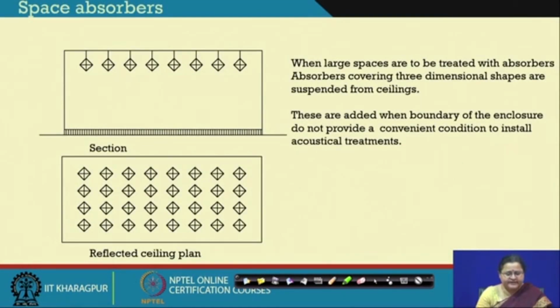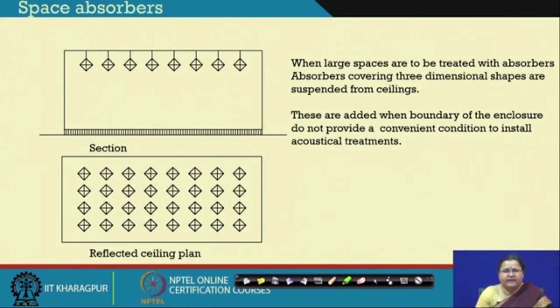What you see here is the reflected ceiling plan, where you see some squares which are hanging from the ceiling. So, what are these elements doing? These are actually adding to whatever area we could generate within the space.